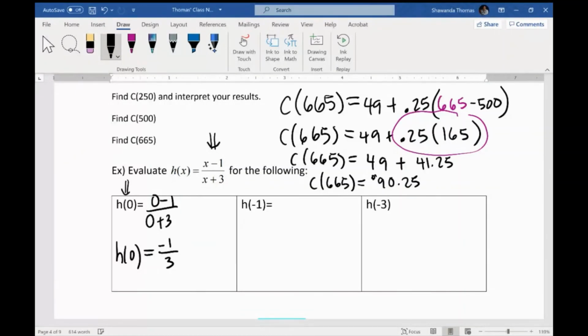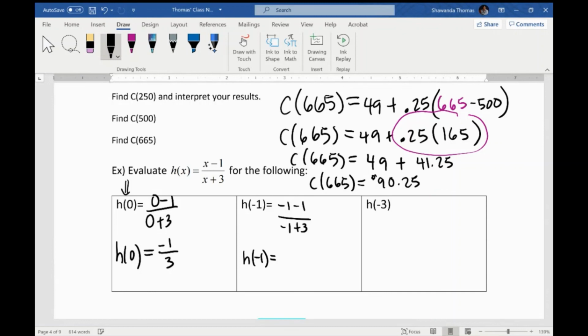All right. Very nice. Let's move on to h of -1. So x is -1 here. So -1 minus 1 over -1 plus 3. I'll give you a couple seconds to look at that.